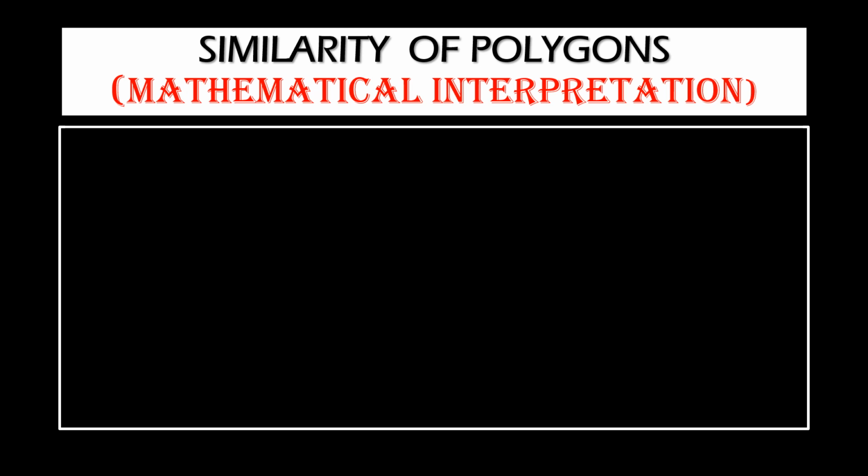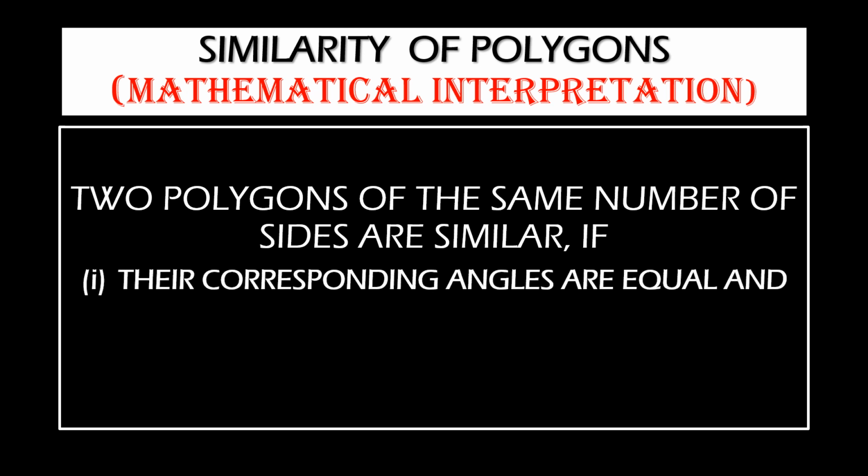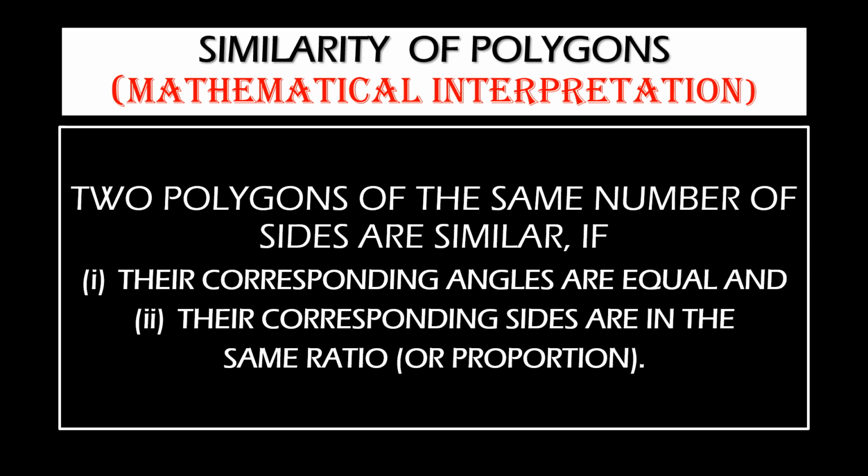So mathematically, if we talk of similarity of polygons, we'll have to see the angles and sides. Two polygons of the same number of sides are similar if the corresponding angles are equal and their corresponding sides are in the same ratio or proportion. Then those polygons will be similar.